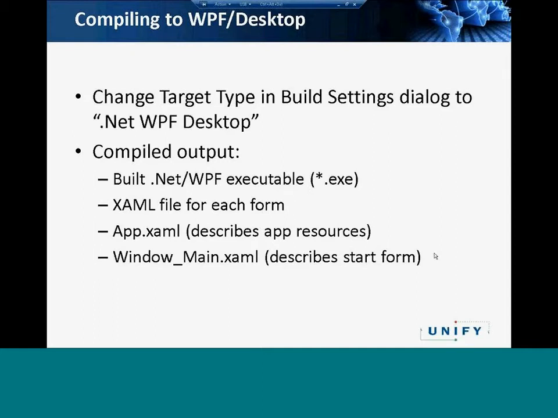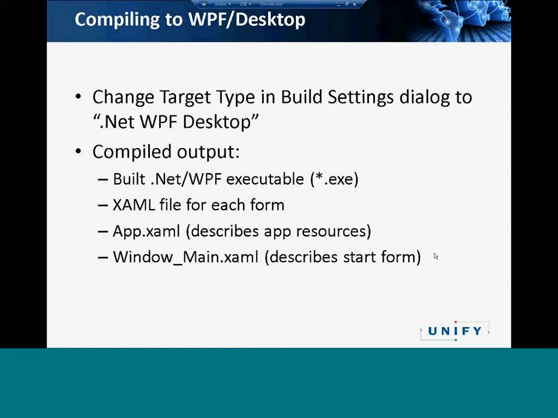As I said before, we have a new target option in the build settings dialog, which is the .NET WPF Desktop. The compiled output for this target option is an executable. It's a .exe WPF executable, but a pure .NET executable.